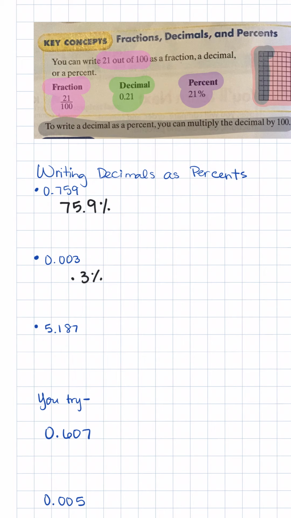Notice that when we're multiplying these, it really is just that we're moving the decimal point 2 places. So you don't actually have to use a calculator, but you're welcome to if you'd like. So this is going to be 518.7%.